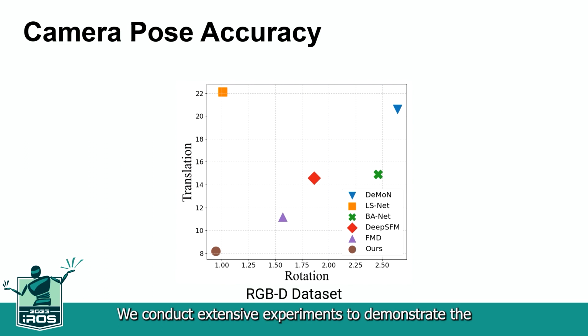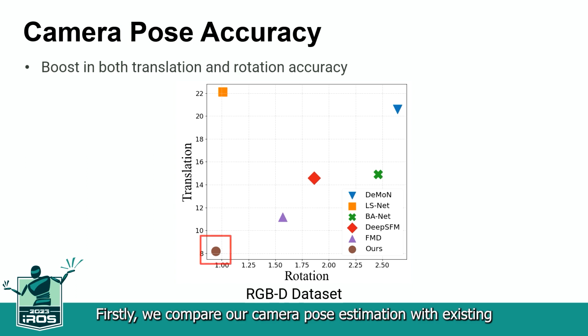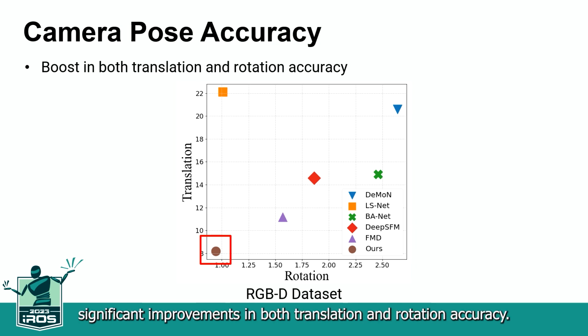We conduct extensive experiments to demonstrate the effectiveness of our methods. Firstly, we compare our camera pose estimation with existing two-view SFM methods on the RGBD dataset and achieve significant improvements in both translation and rotation accuracy.